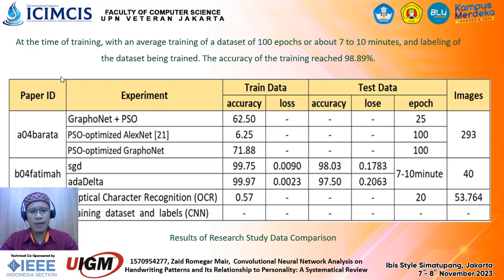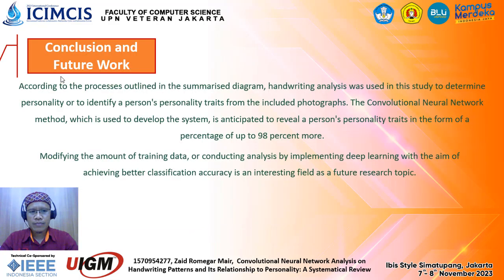Barata has 293 images for the data set, Fatimah has 40 images, and Mulyanto has 53,764. Lemos has no training and testing data and images.